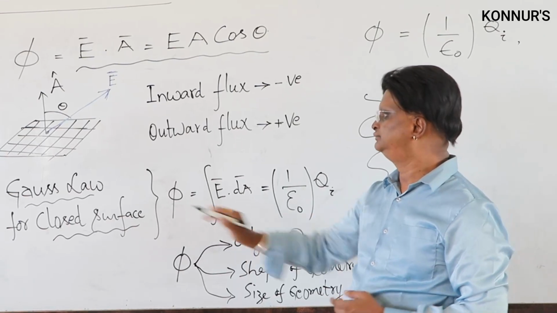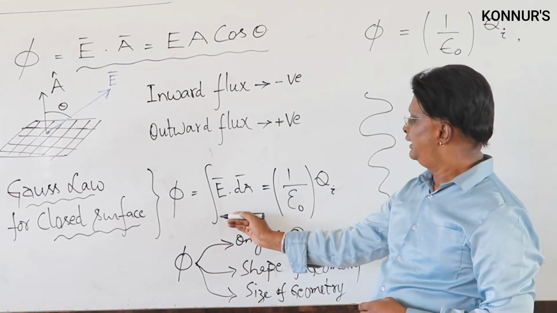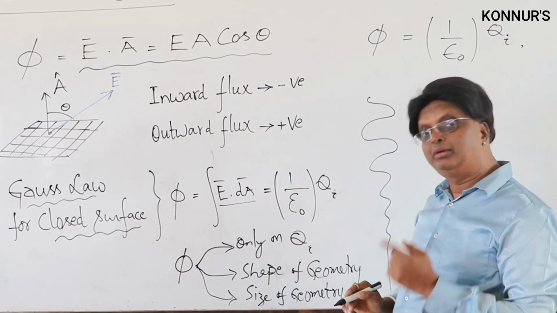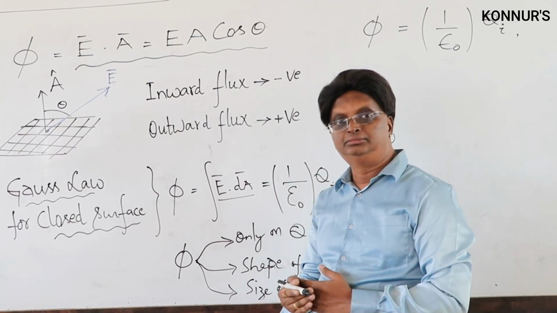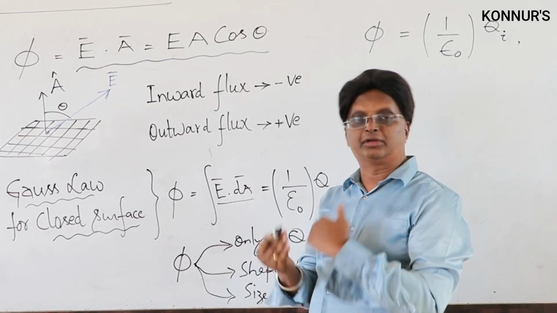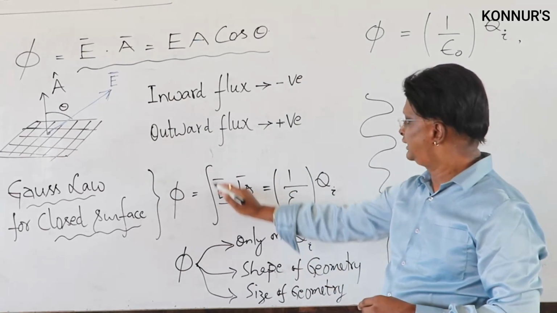The flux linked with a closed surface is given as the integral of E bar dot dA bar. Why have we taken the calculus form? Because this is applicable for both planar and non-planar surfaces, curved surfaces and flat surfaces, and that is why we have taken it as a calculus form.